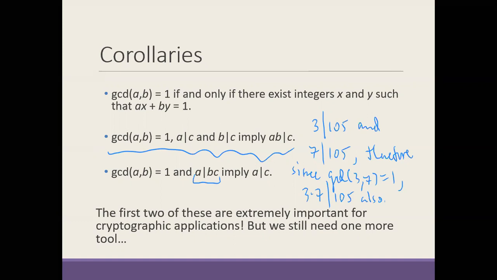No. So all the divisibility has to be happening with C. Notice 3 divides 7 times, say, 21, but the GCD of 3 and 7 is 1, so there's nothing happening with the 3 and the 7. So where does the divisibility happen? 3 divides the 21. You can just ignore the 7.